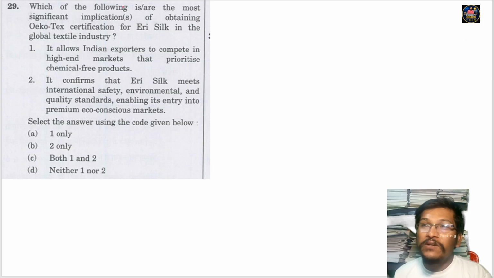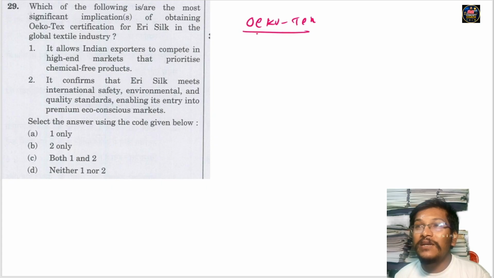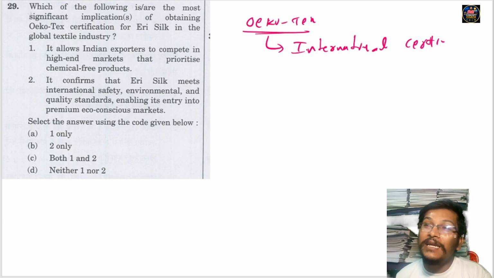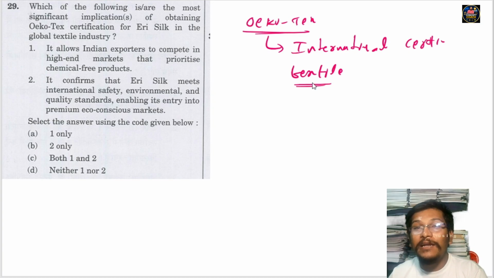Which of the following is or are the most significant implications of obtaining Oeko-Tex certification for Eri Silk in the global textile industry? So we need to know what Oeko-Tex certification is. It is an internationally recognized certification which tests textile products, whether they have any harmful chemical substances or not.